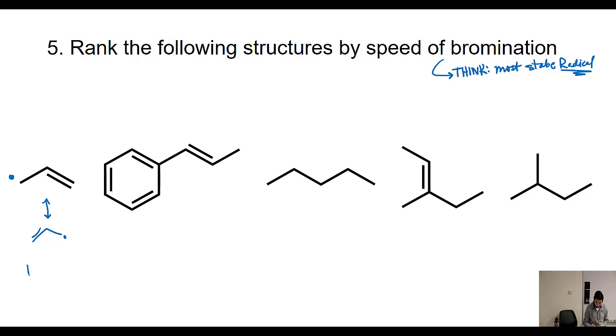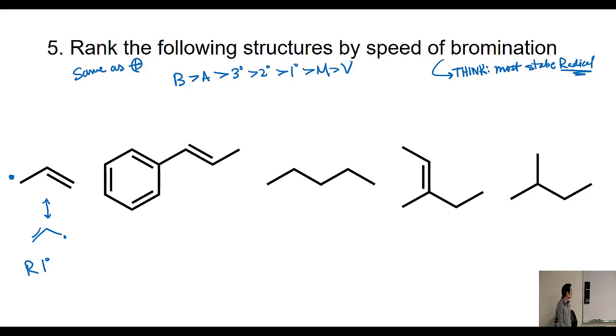This is what we're going to call resonating primary. Oh, by the way, the ranking for this is going to be the same as carbocation. So, benzylic, better than allylic, better than tertiary, secondary, primary, methyl, vinylic. Same rules.